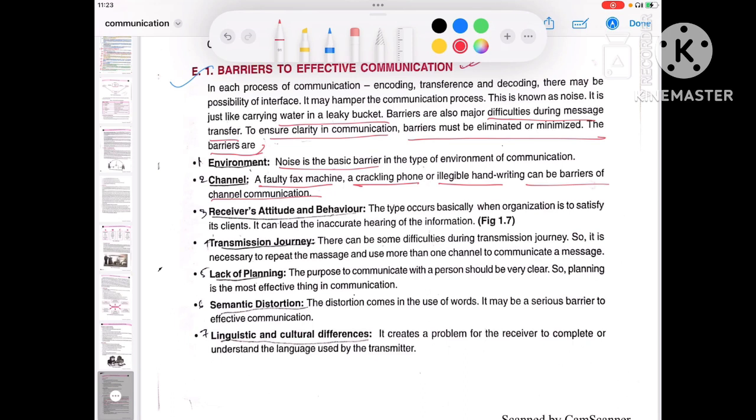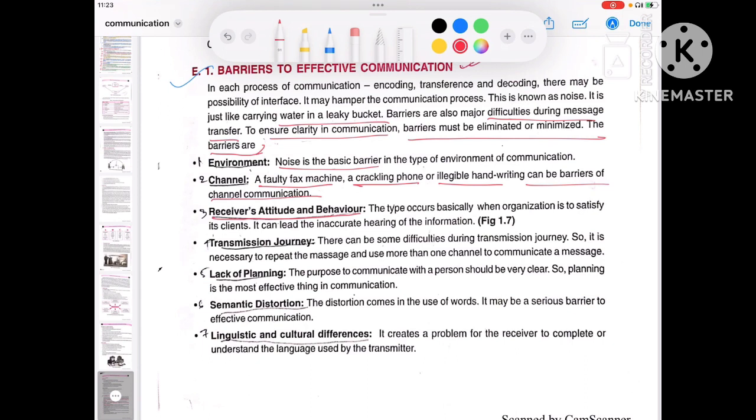It's not effective. Then the crackling phone sound or machine sound: you are saying something, like this drug has to be given to this patient, and you are telling your colleague, but it's not heard properly. So they are not getting the information. There will be poor communication. That is a channel.